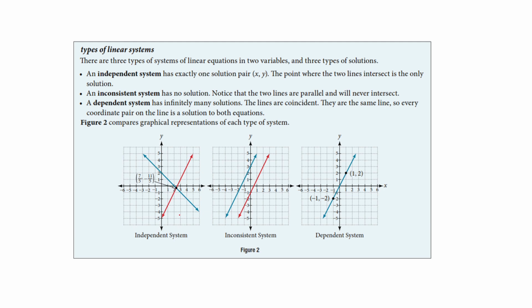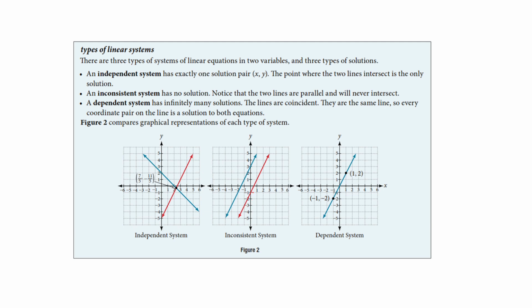So if a point is on both lines, it must mean that those two lines are touching each other. Now, there are some terms here that I actually don't use very often. I don't even have them memorized, so I don't care much about them, but I'll mention them. It's an independent system if the two lines touch each other. It's an inconsistent system if they never touch. So if you had railroad tracks, there's no way they'd touch. They'd be built with the same slope, up and over, up and over.